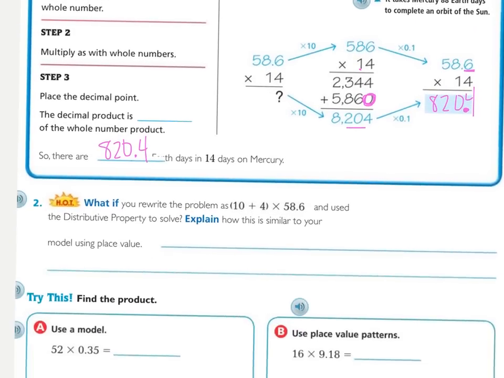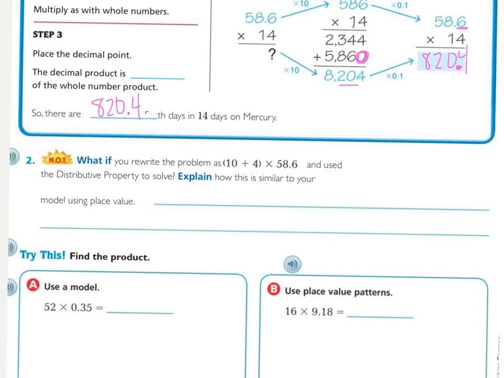So now looking at number 2, what if you rewrite the problem as 10 plus 4 times 58 6/10 and use the distributive property to solve? Explain how this is similar to your model using place value. Well, using the distributive property means that you would multiply this times 10, and then you would also multiply this times 4, one at a time, and that would give you partial products, which you need to add together.